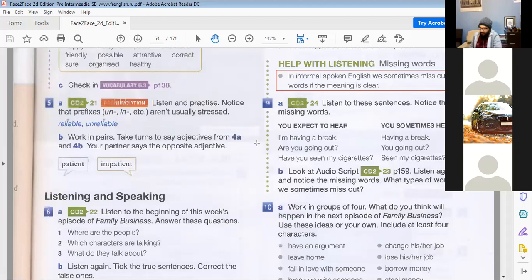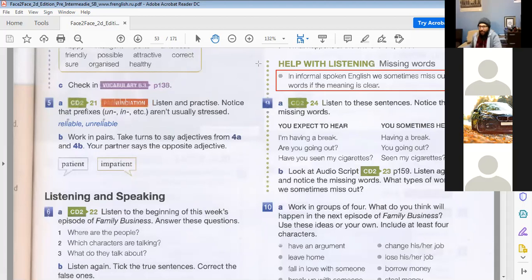What do you notice here? What's going on? What happened here? You can tell me. They missed the... Did you hear the listening? Yes. Okay. But what happened?